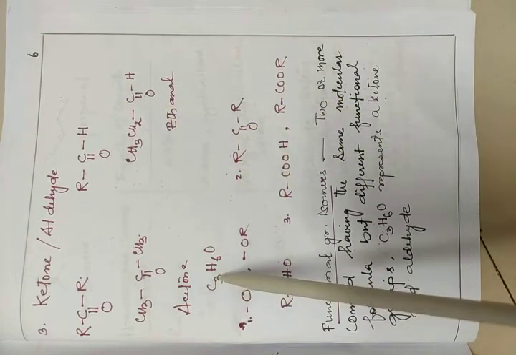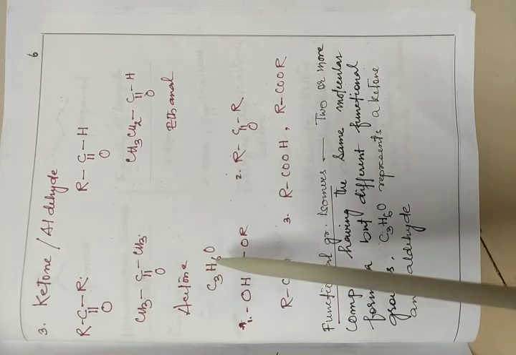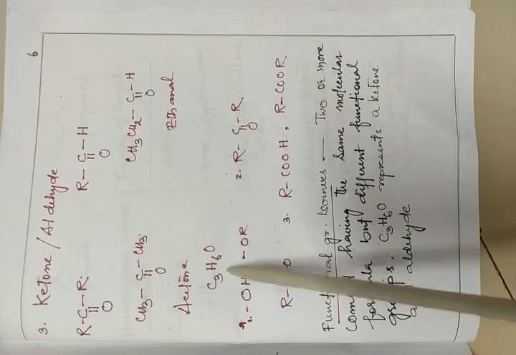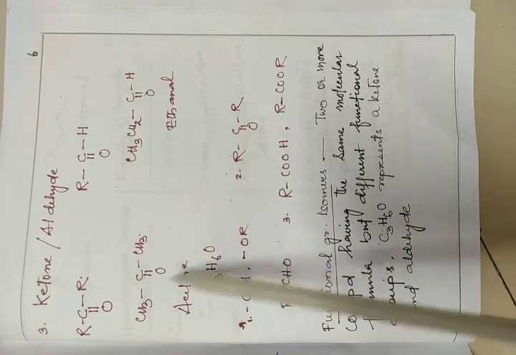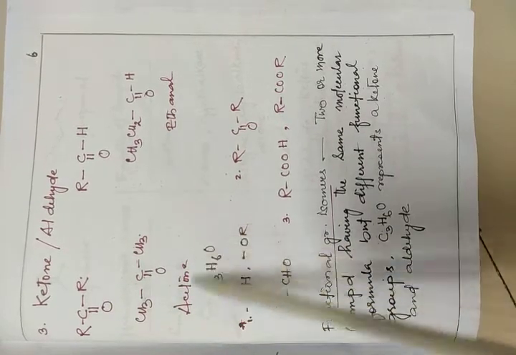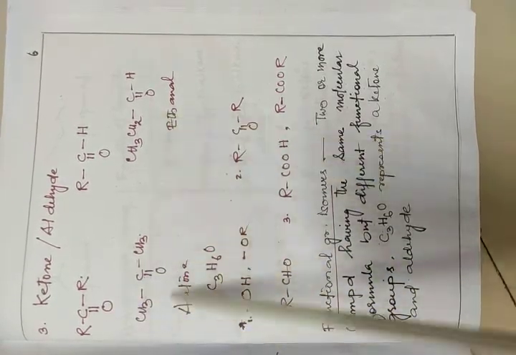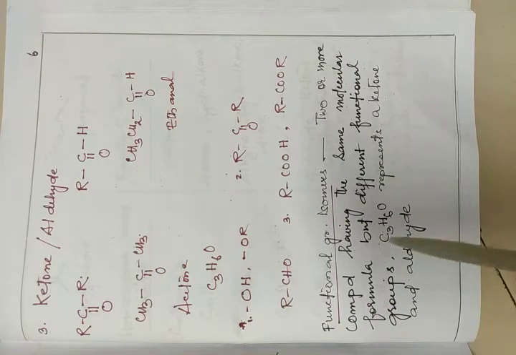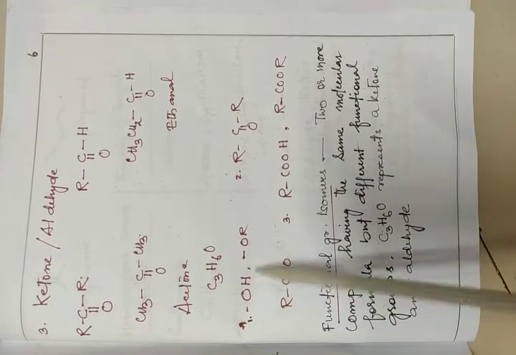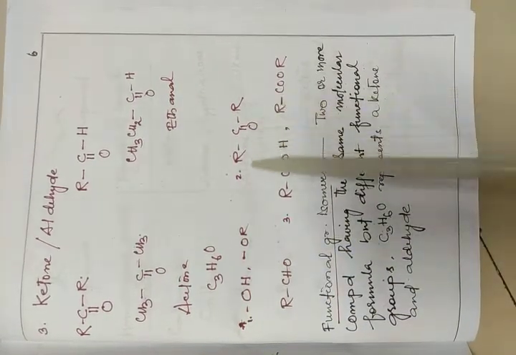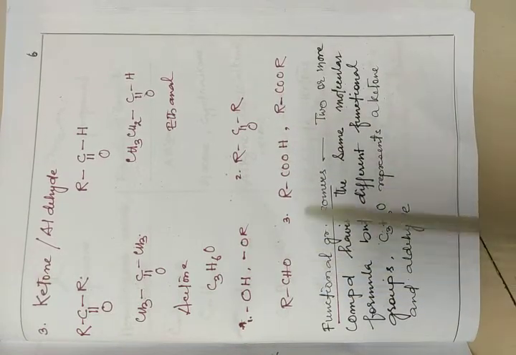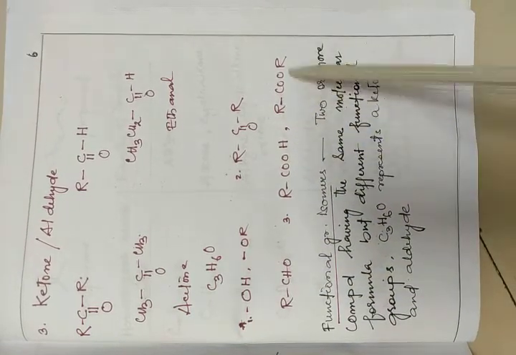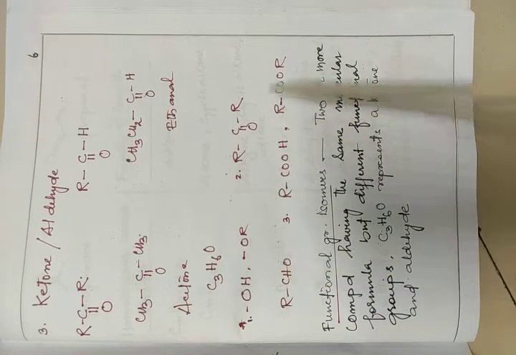So the general formula of aldehyde and ketone is the same, C3H6O. In this formula we can draw the structure. Now OH, then OR alkoxy, then ketone, aldehyde, carboxylic acid, then ester. These are the functional groups only.